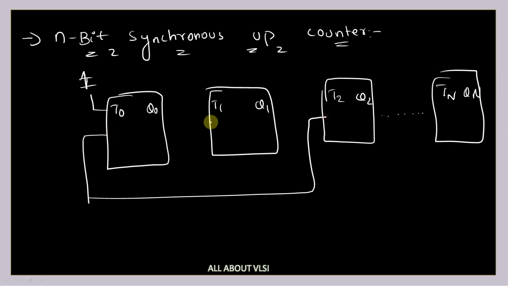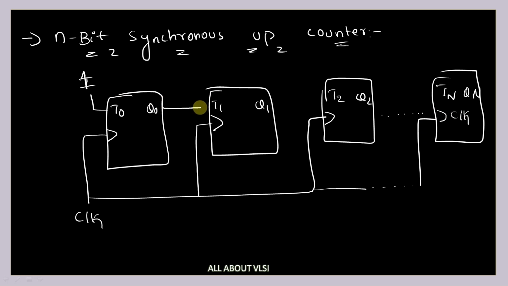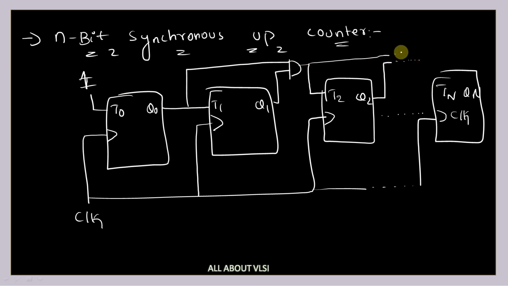Now, we already know Q0 is connected to T1, and T2 is connected to the output of an AND gate, and Q2 and so on, this output is connected to one AND gate, to Tn. So this is how we design an n-bit synchronous counter.